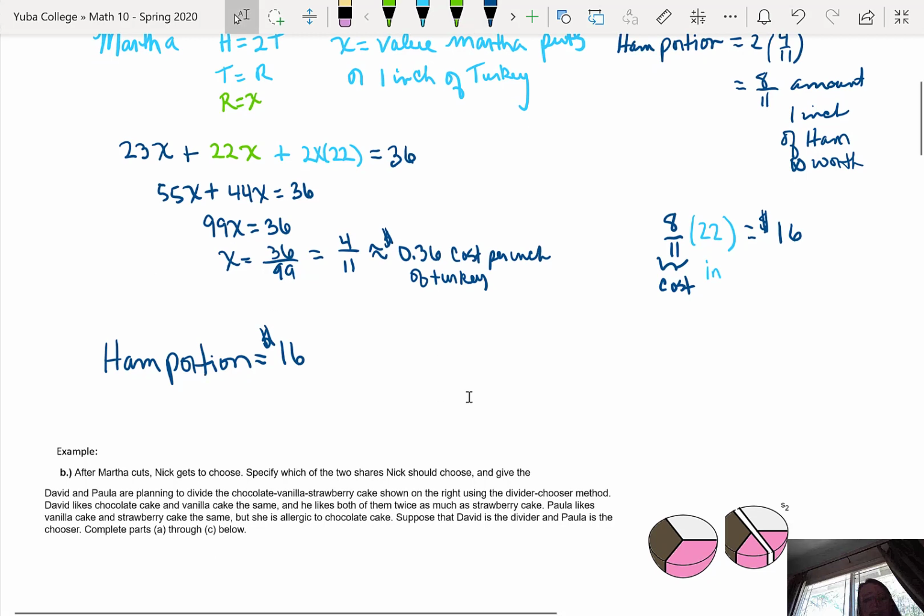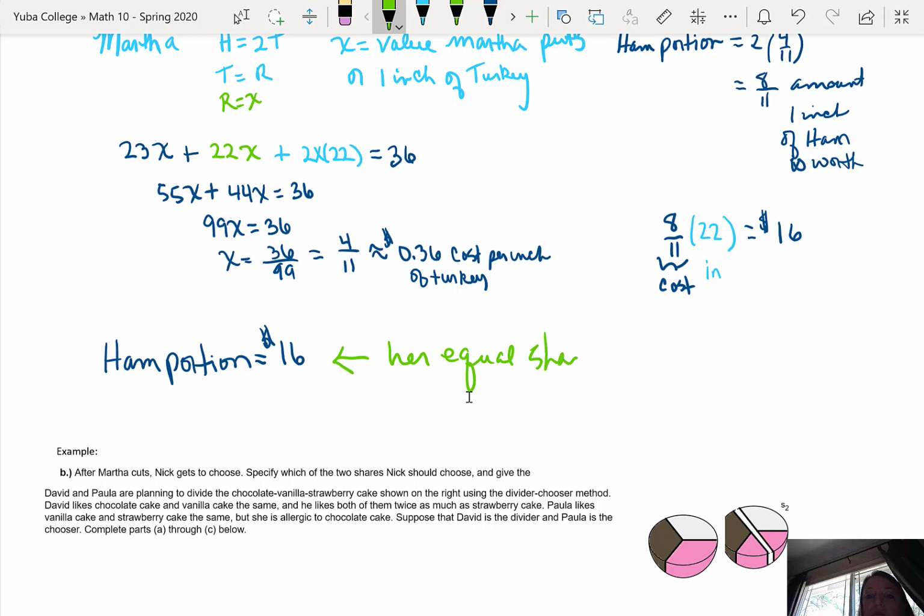And we know that her equal share of the sandwich, well, the whole sandwich costs $36 divided by the 2 of them that are splitting it. So her total share cost is $18.